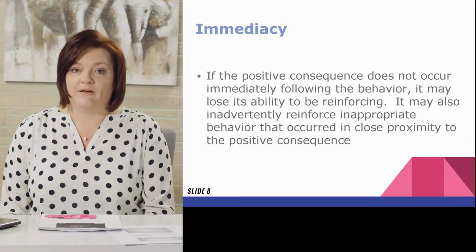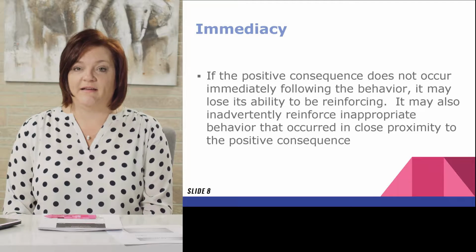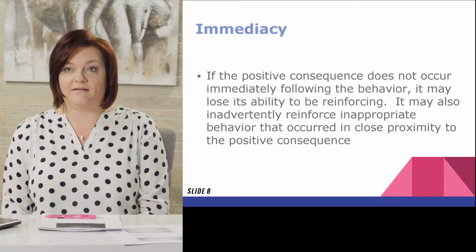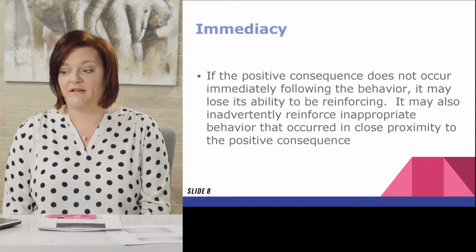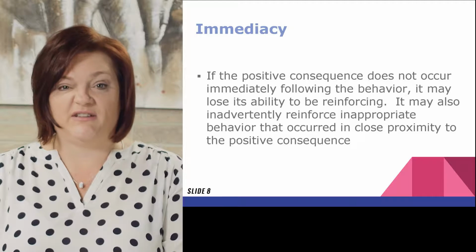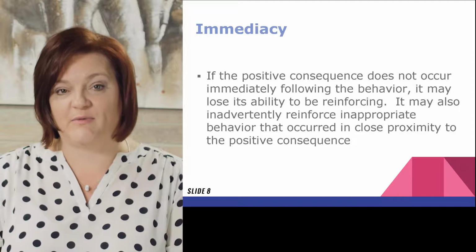Immediacy, especially with young people, is really important because it helps them pair their behavior with what the consequence of that behavior is. We also may inadvertently reinforce a negative behavior depending on how immediately we respond to it.